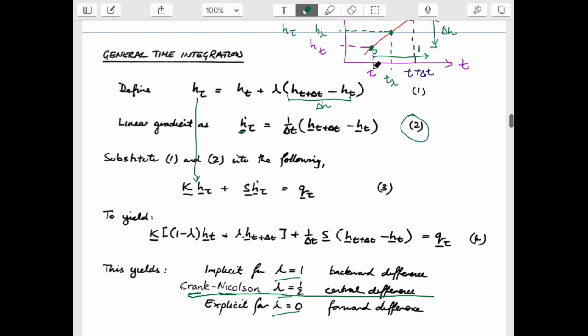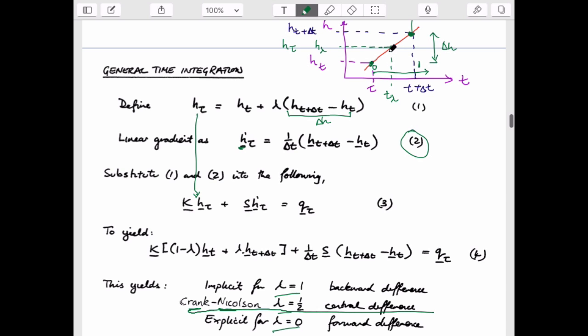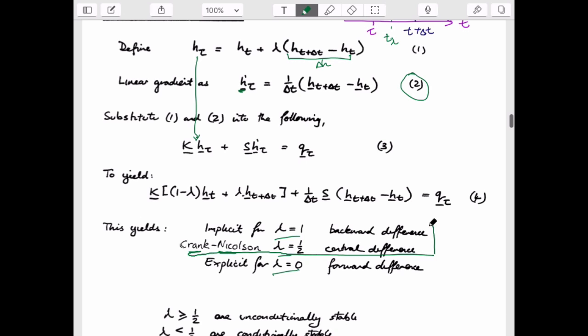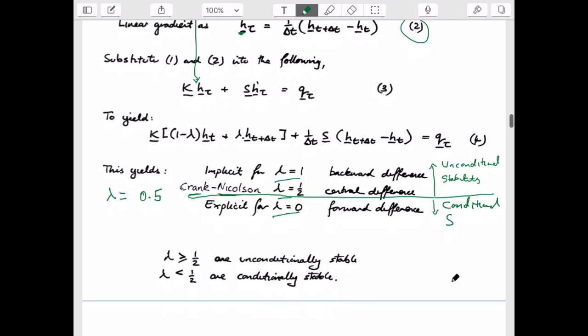There's no reason why you can't use any location between 0 and 1, but the stability condition is written at the bottom of the page.